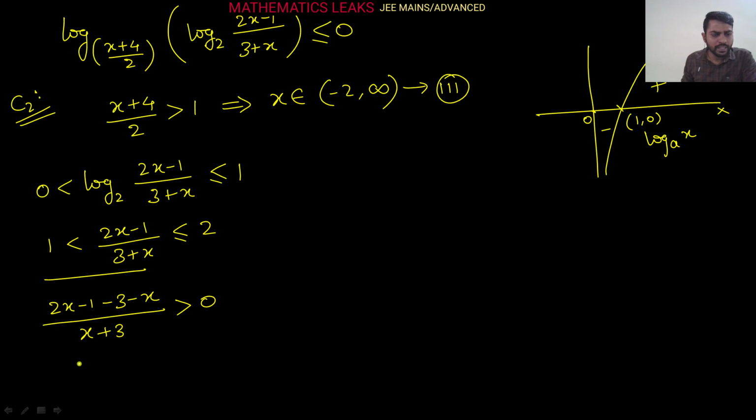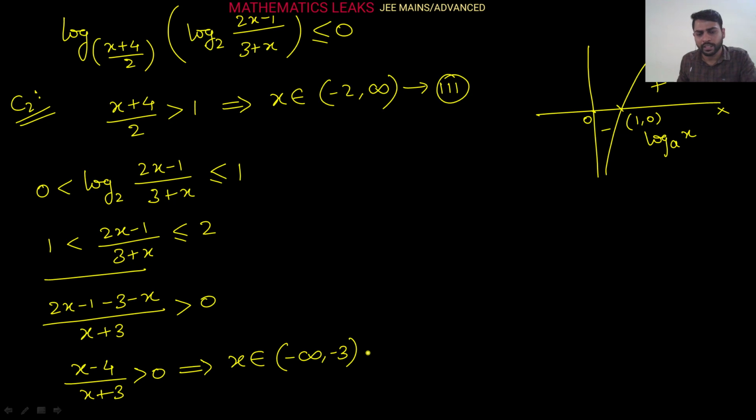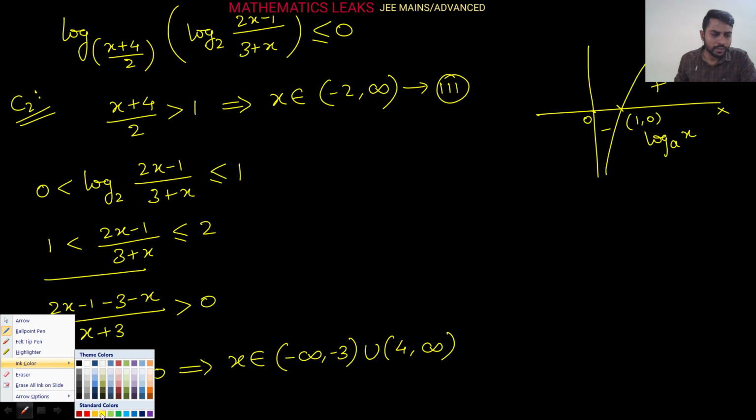On simplification, we write (x−4)/(x+3) greater than 0. On applying the wavy curve concept, we can say x should belong to (−infinity, −3) union (4, infinity), right? So we have solved the left-sided inequality.